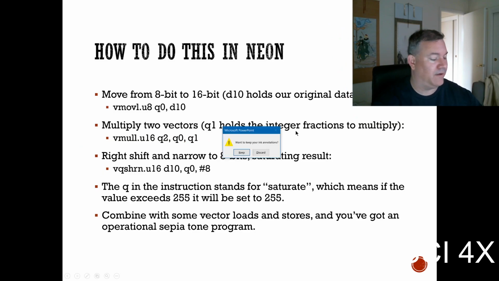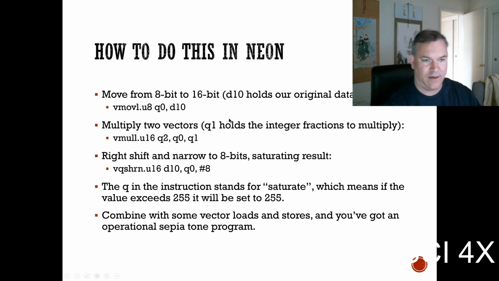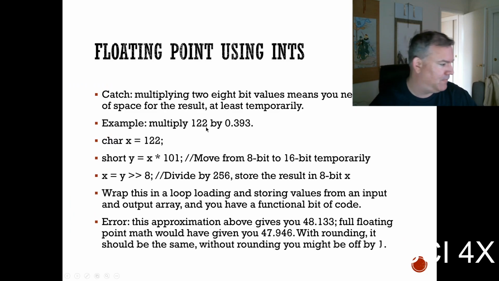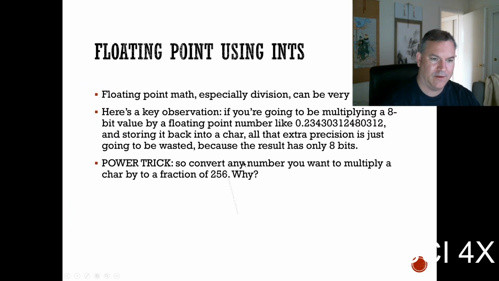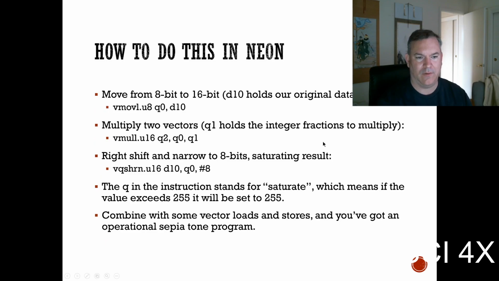All right, so here is the code for that. I know you guys are all thinking, all right, I got it conceptually now. You all get what we're doing here, this trick? But how do I do this in assembly? Well, here you go.